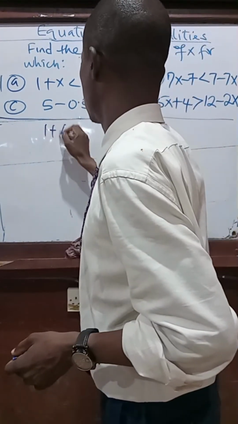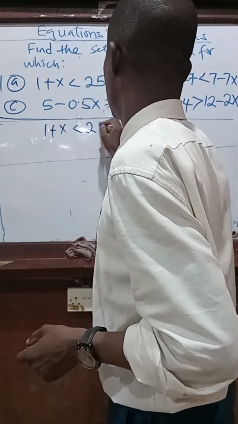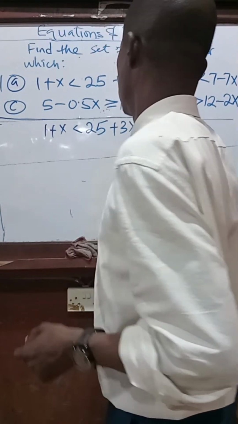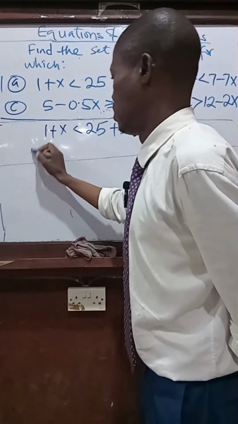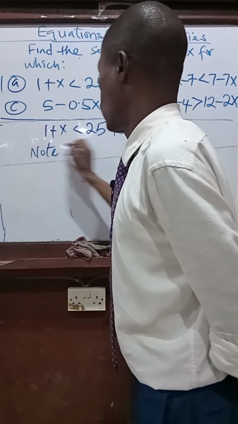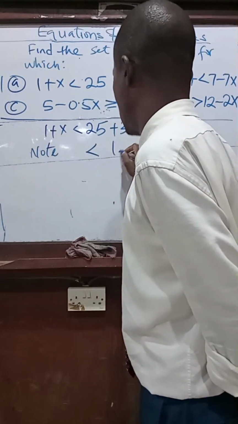1 plus x less than 25 plus 3x. The first thing I said is that note, when you have this sign, it is less than.